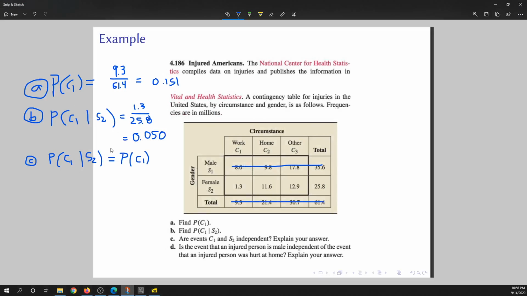Are these equal to each other? Well, the probability of C1 given S2 is 0.050, and the probability of C1 we calculated as 0.151. We can see that those two things are not equal. So our conclusion is that C1 and S2 are dependent.